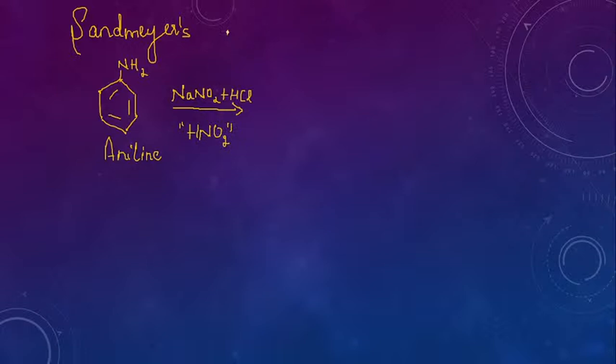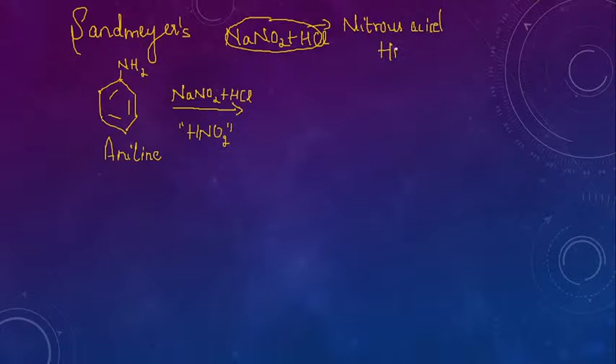Students, what I am telling is, what I take here, that is NaNO2, which is called sodium nitrite, with mineral acid, that is HCl. This mixture together is called nitrous acid. Nitrous acid is nothing but HNO2.